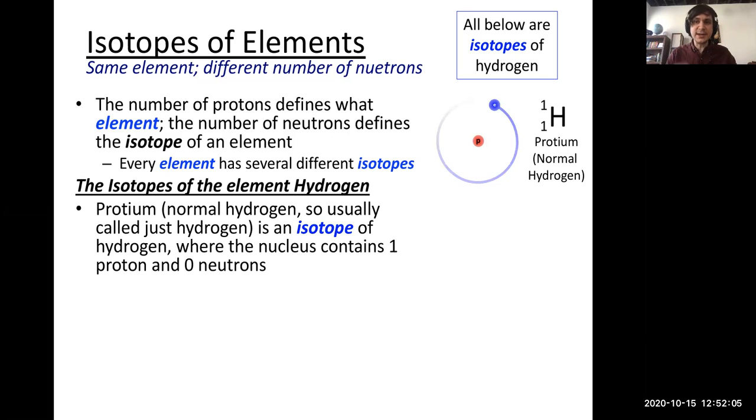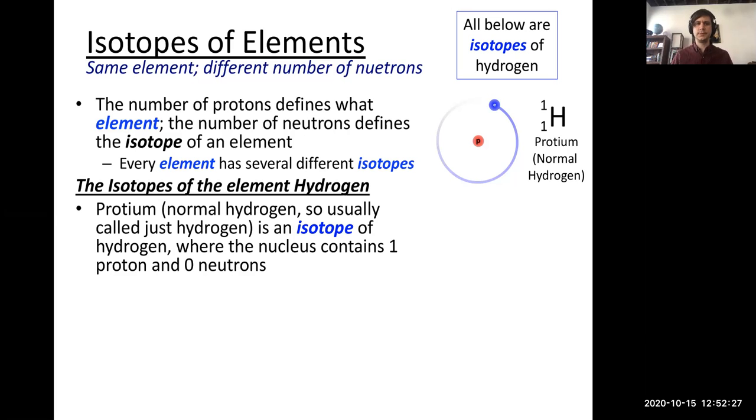But that's just a single isotope of hydrogen. It is the most common type of isotope. Almost all the hydrogen in the universe is this isotope of hydrogen, but it actually has a formal name of protium. So protium is an isotope of hydrogen where the nucleus has 1 proton and 0 neutrons.